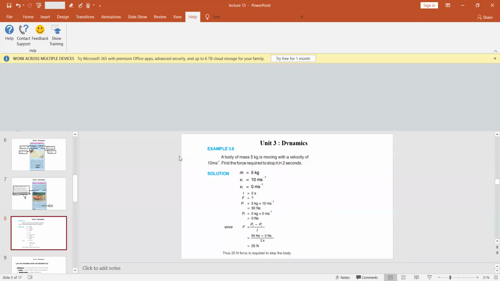Now, example 3.6. A body of mass 5 kg is moving with a velocity of 10 meters per second. Find the force required to stop it in 2 seconds.